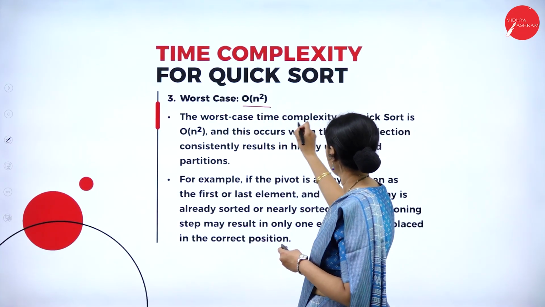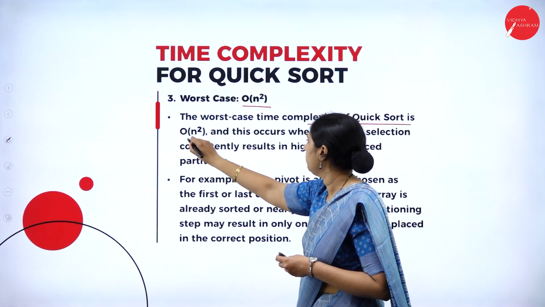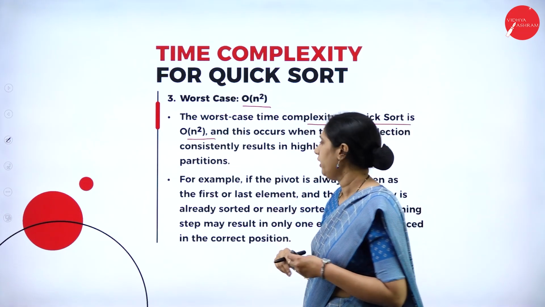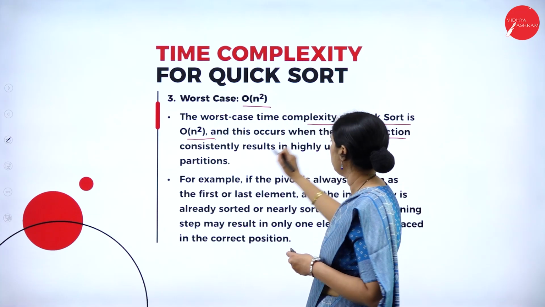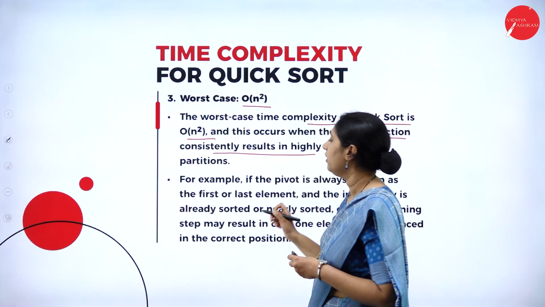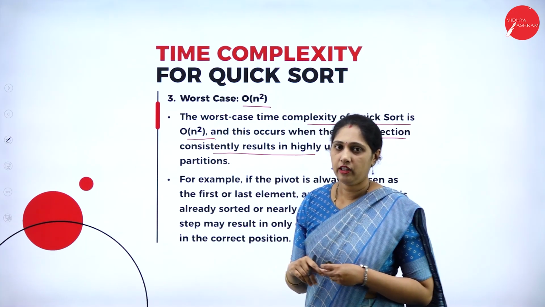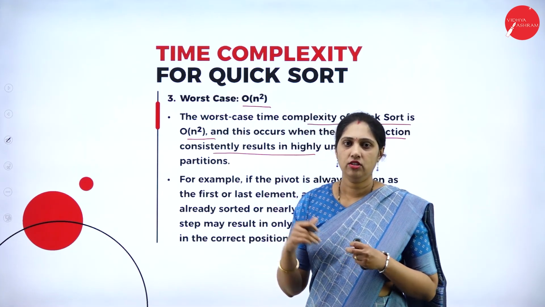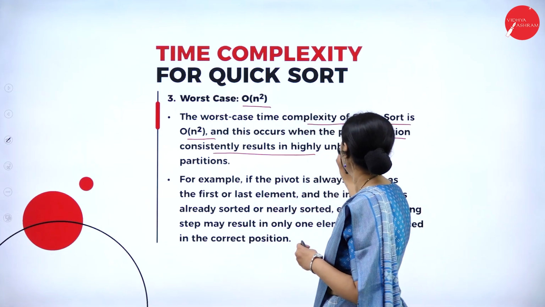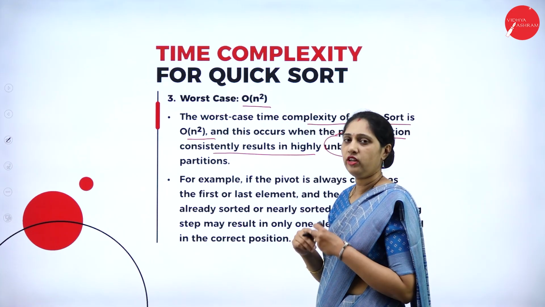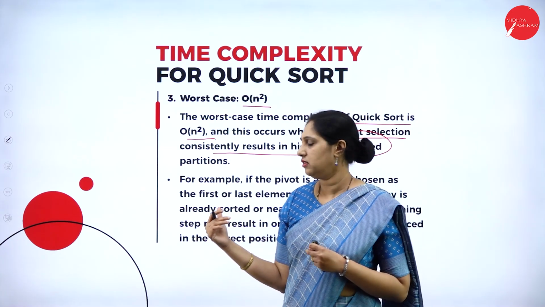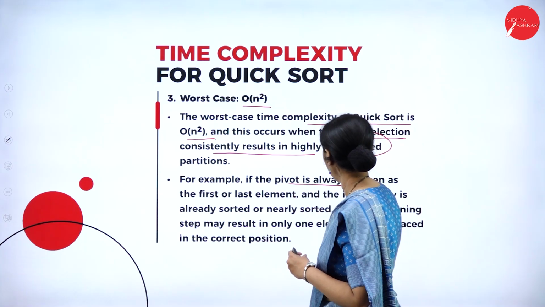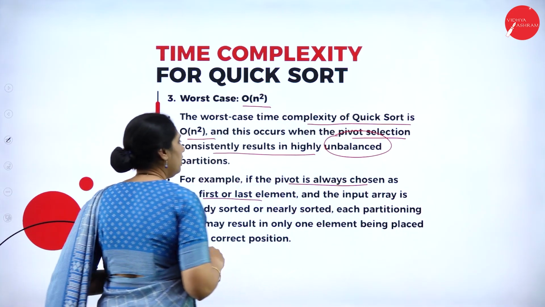So the worst case is big O of n square. See, in the worst case, the time complexity of quick sort is big O of n square. Why is this so? When the pivot selection consistently results in a highly unbalanced partition. By the pivot, we are not able to do the partition, so we say highly unbalanced. For example, I already discussed this. Suppose the pivot is always chosen as the first or the last element.